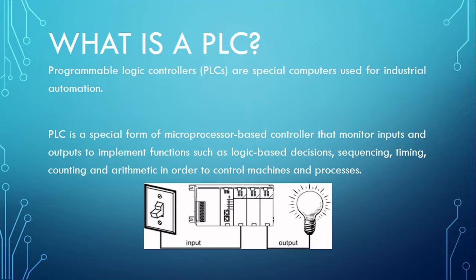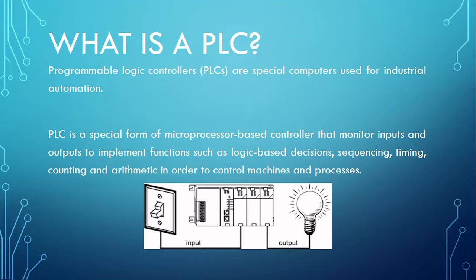But with the introduction of PLCs, rewiring of a system when there's a need to change its operation is no longer necessary. So what is to be done with a PLC is to change the program that has been stored in the memory of the PLC, leaving the connection as it is, and the system responds differently.